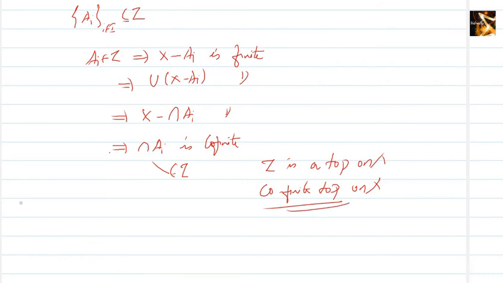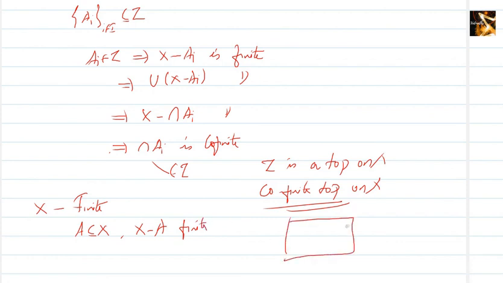Now what happens if X itself is finite? The given set itself is finite. Then if you take any A subset of X, what will be the complement? X minus A will be finite, because the entire set itself is finite.